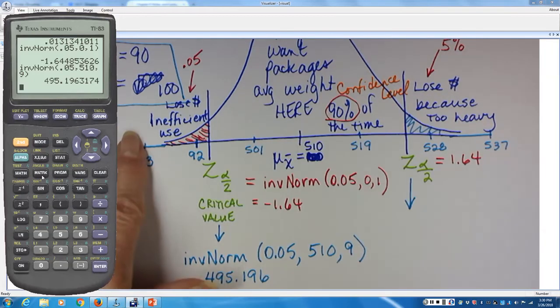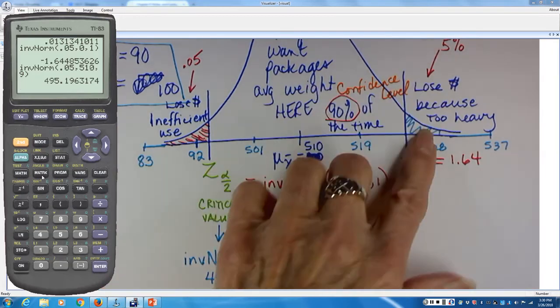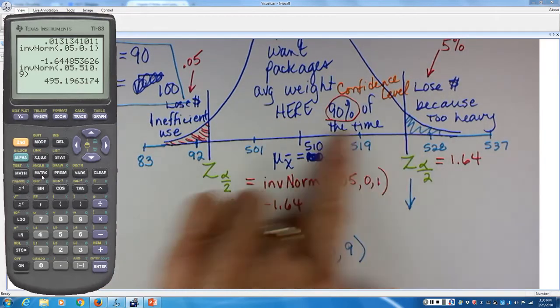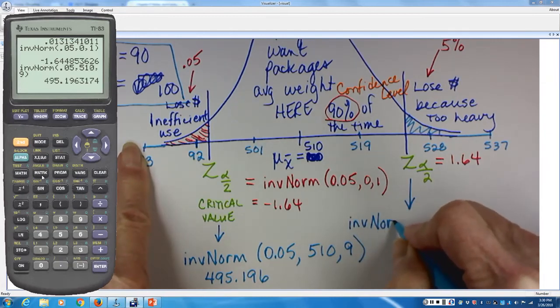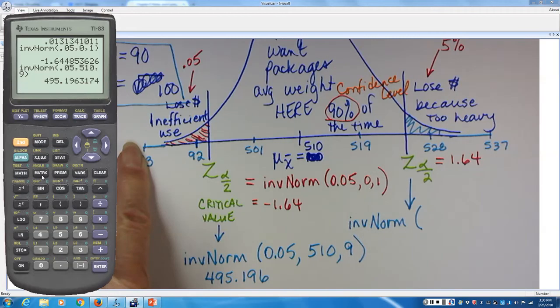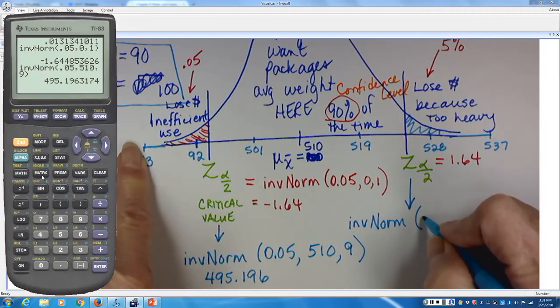All of the area under the curve is 100%, so 100% minus 5% leaves us with 95% down here. So this is going to be inverse norm. And you can either put 1 minus 0.05, or you can just put the 95.